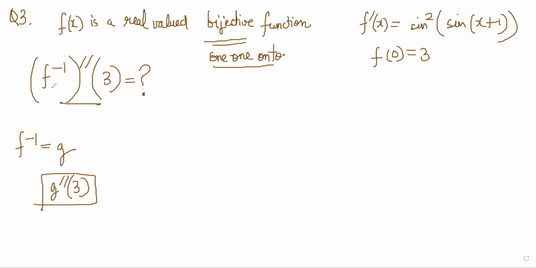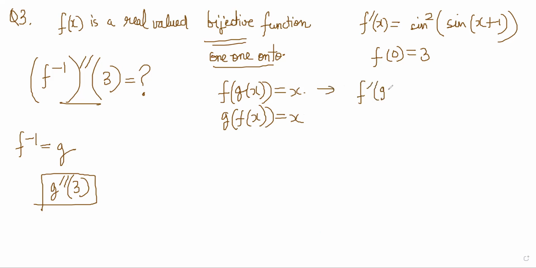Whenever such questions come, it is useful to write it like that. Like I told you, f of g of x is equal to x, or g of f of x is equal to x. If we differentiate these expressions, here we get f dash g of x multiplied by g dash x is equal to 1.